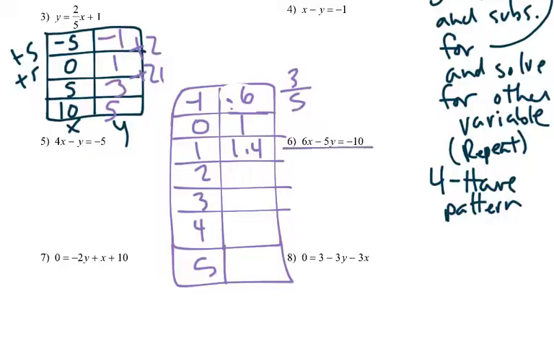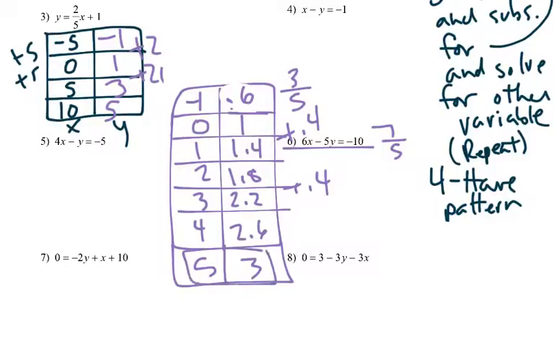And this was 7/5. Okay, if I do 2/5 times 2 plus 1, I get 1.8. Okay, so as we're looking at this, we're adding our pattern 0.4 each time. If I keep adding 0.4, I would get 2.2, then 2.6, then 3. See, it still matches up.